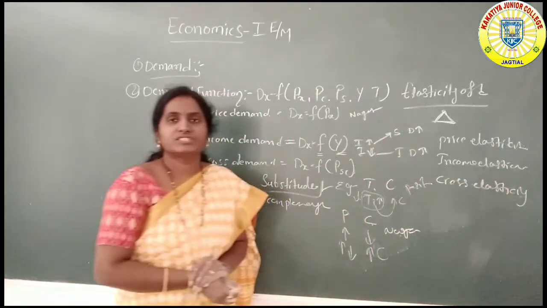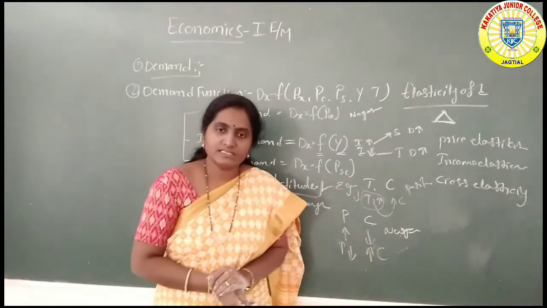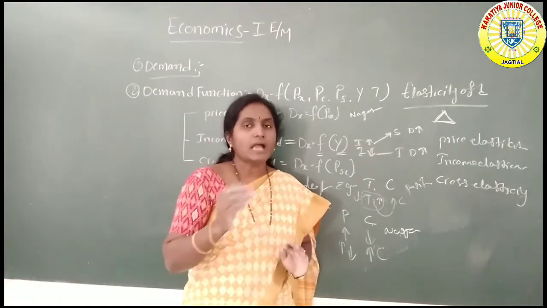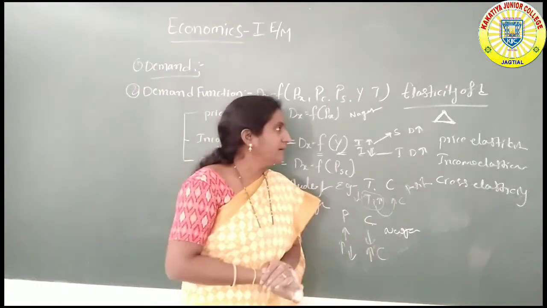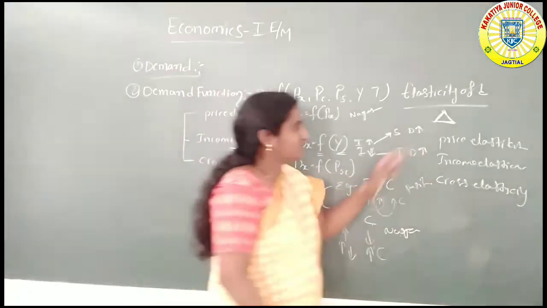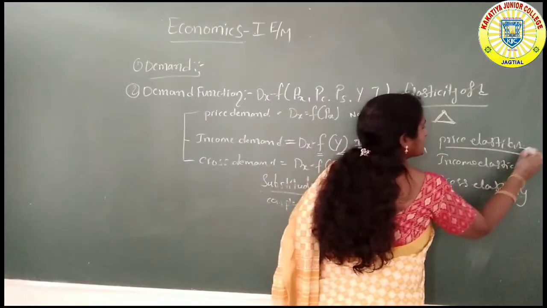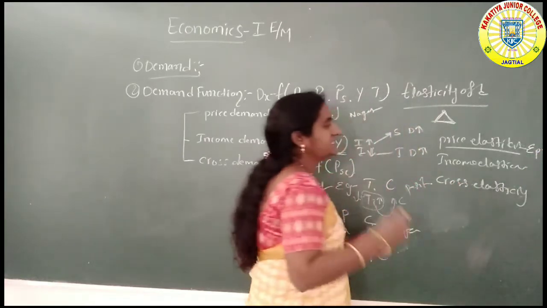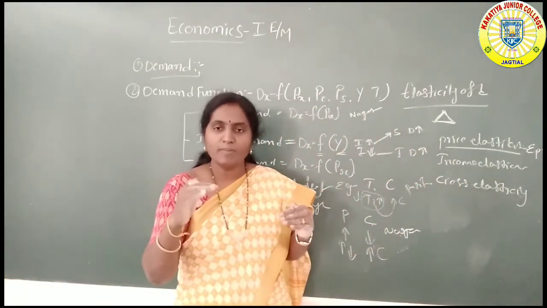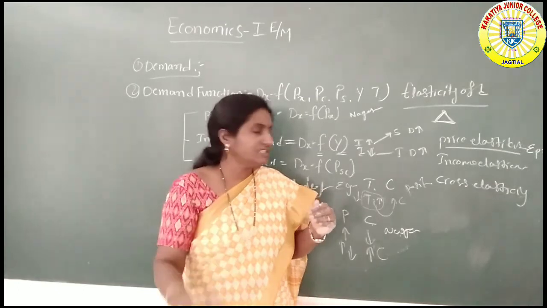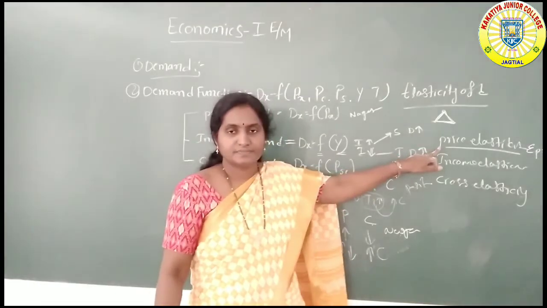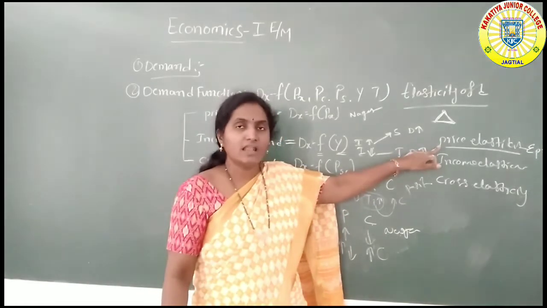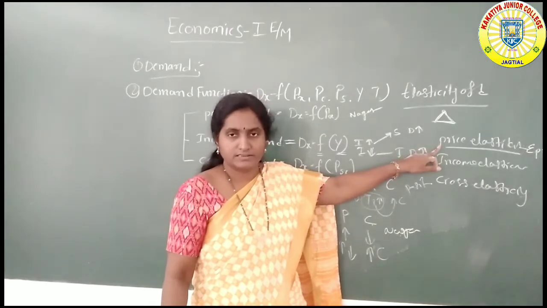Price elasticity of demand, income elasticity of demand, and cross elasticity of demand. First we discuss price elasticity of demand. EP is equal to the percentage change in the quantity demanded divided by the percentage change in the price, known as price elasticity of demand.